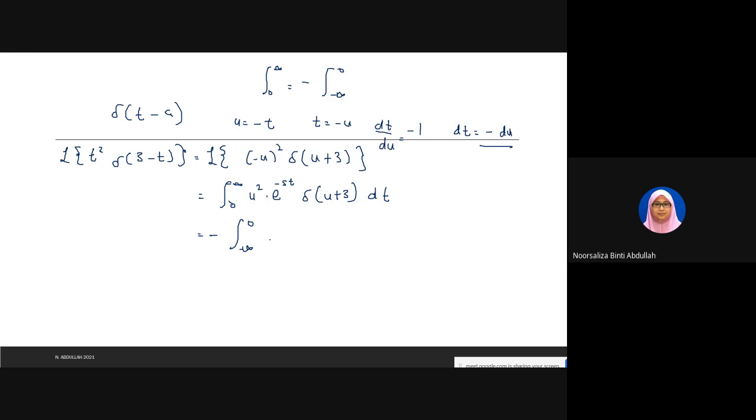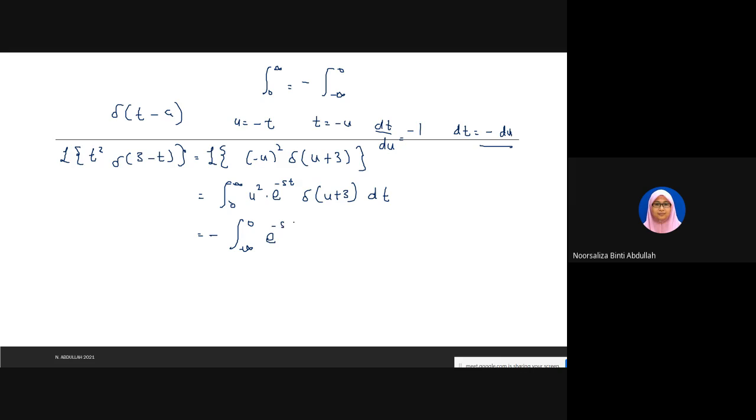So you have here exponent minus s, t is replaced with u, then you get negative u.